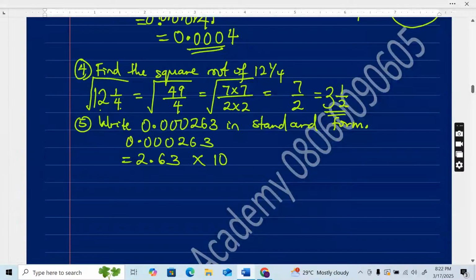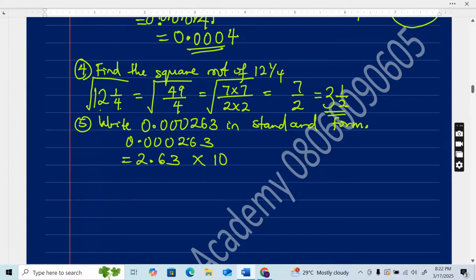Take note, it will be multiplied by a power of 10. All right, pay attention. Now, how do we get the power of 10? Go back to the number and assume there is a decimal point after the first digit, which is 2.